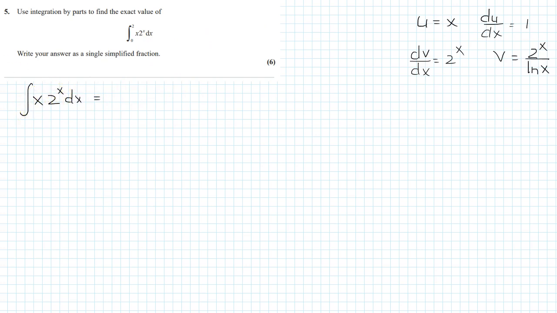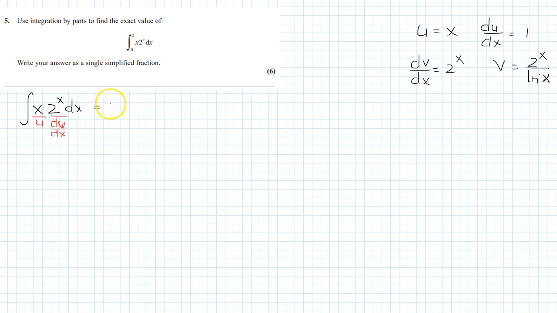This is u, this is dv over dx. This is u is x and v is 2 to the power x over ln 2.